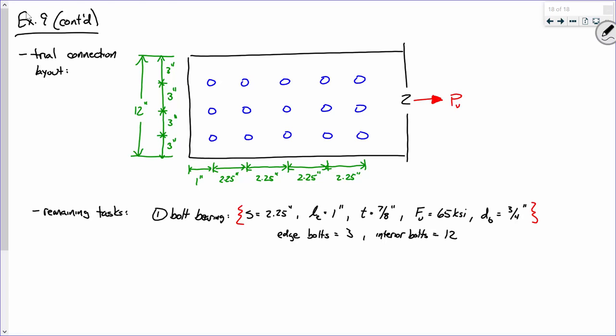Yes? Remind me when we use and why we use 1/16 for the bolt diameter. Okay. All right. So when you are checking bolt bearing, which is what we're doing, we're not asking ourselves how much of that little bit of material around the bolt will contribute to the rest of the member.